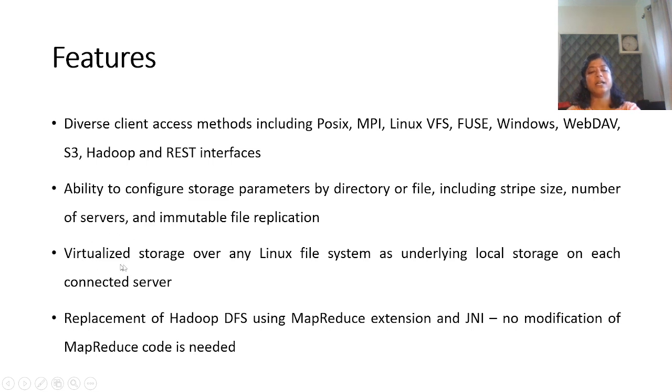Considering the virtualized storage, it uses any Linux file system as underlying local storage on each connected server. If we consider the replacement of Hadoop DFS, it makes use of MapReduce extension and JNI and will not do any updating of the MapReduce code.